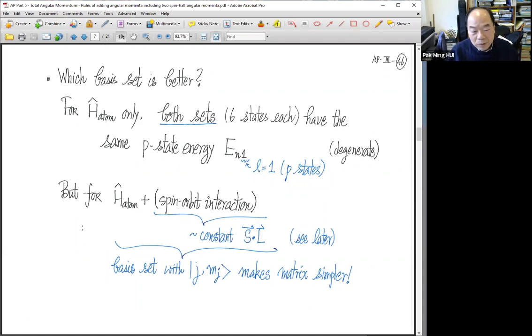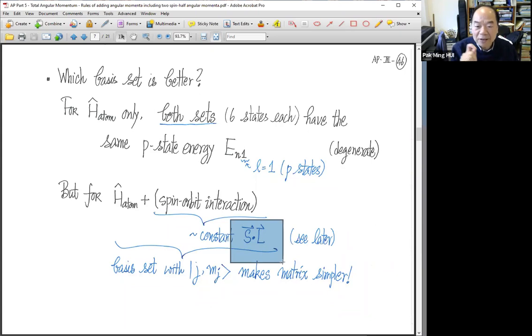In the next section, we will discuss something called the spin-orbit interaction. When this term is here as a perturbation, it takes on the form S dot L. Immediately you see, if we stay on the description using the Z component of S and L, that will be problematic, right? Because S dot L means there is an SX LX term, an SY LY term in this combination.